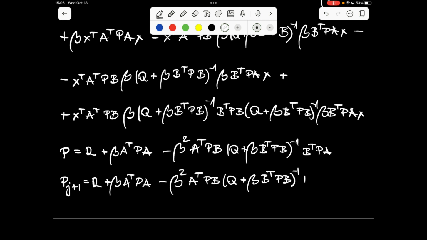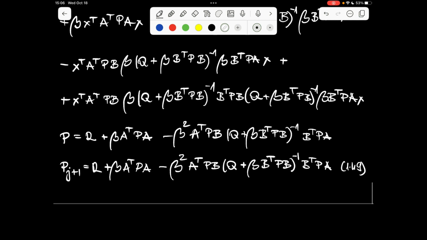So we need to follow the same procedure to find the value function in MATLAB. With iteration, we can solve this. Mathematically, this is a matrix difference equation, and the solution P, the matrix of the value function, is the fixed point of this Riccati difference equation.